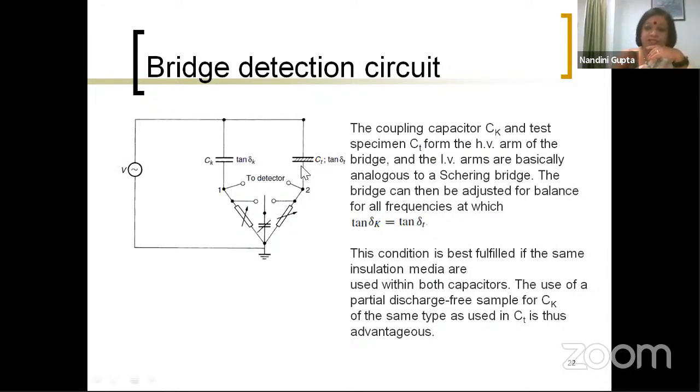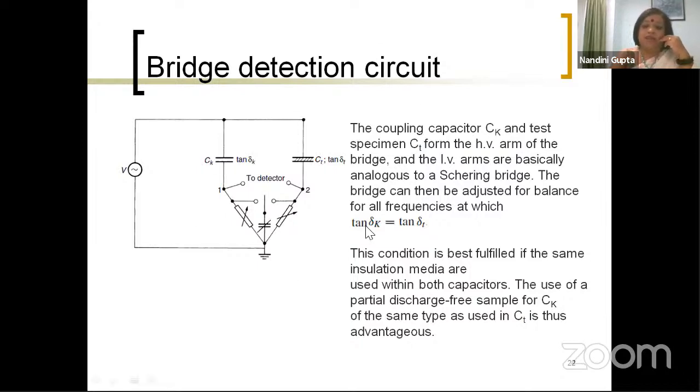So the coupling capacitor CK and the test specimen CT are taken to form the high voltage arm of a bridge. And the low voltage arms are basically similar to the Schering bridge. The bridge is adjusted for balance. And in this scenario, when a discharge pulse happens, it can be more easily measured.